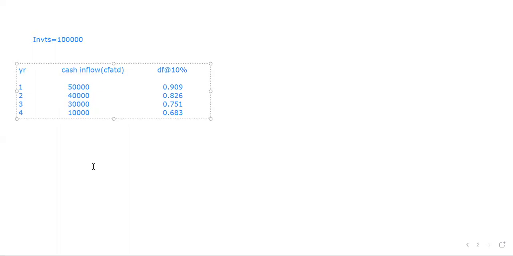So what do we have to do now? Simply multiply. If I multiply the cash inflows with these values, that gives my present values.